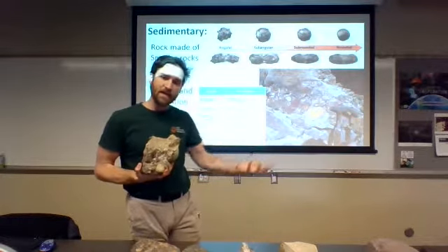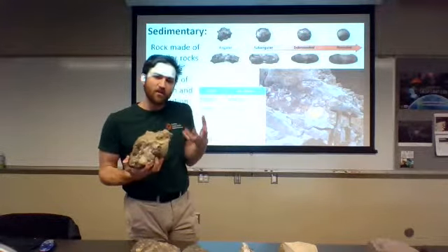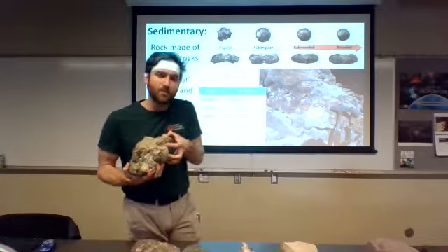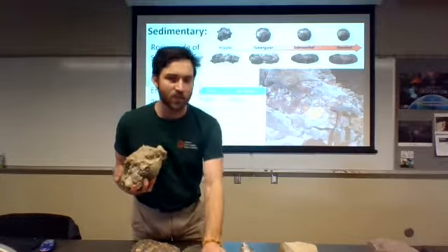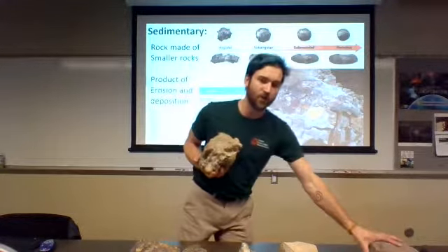When we're looking at igneous rocks, we can look at those fundamental features and then make interpretations about whether it cooled in the interior of the Earth or the exterior of the Earth.